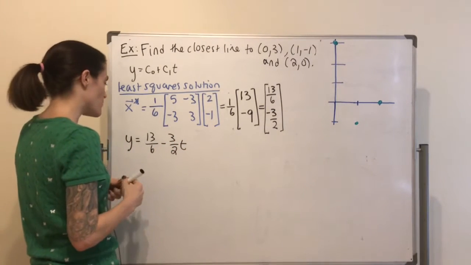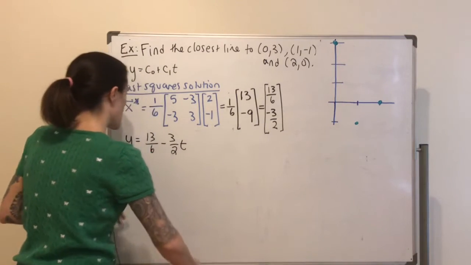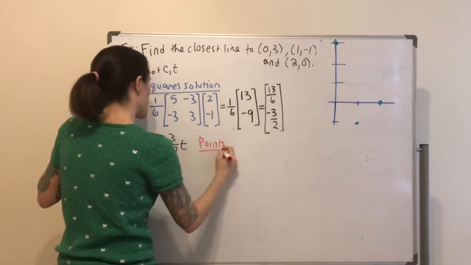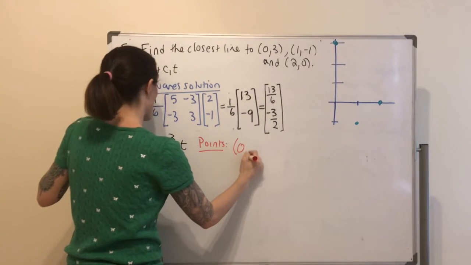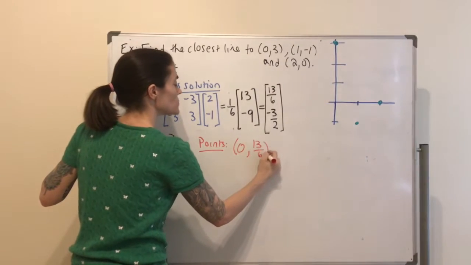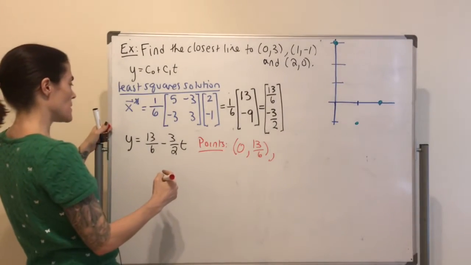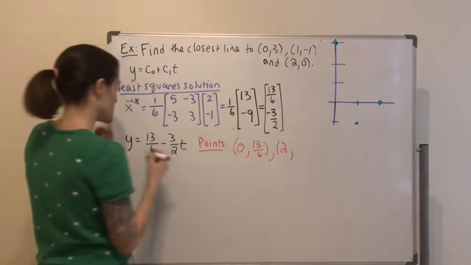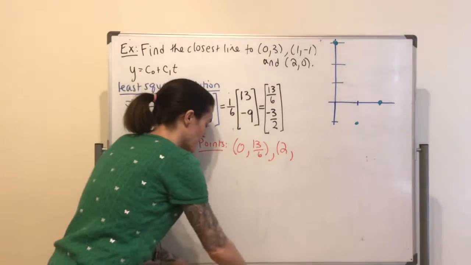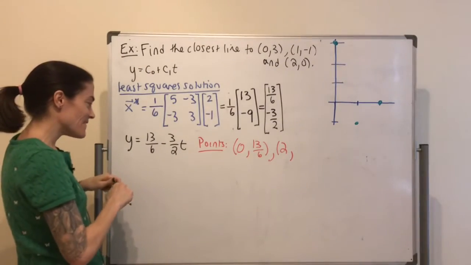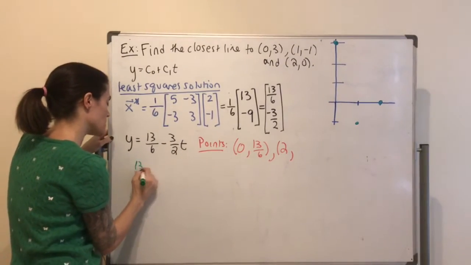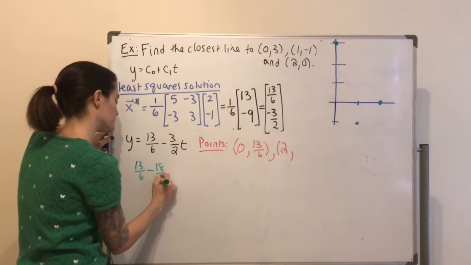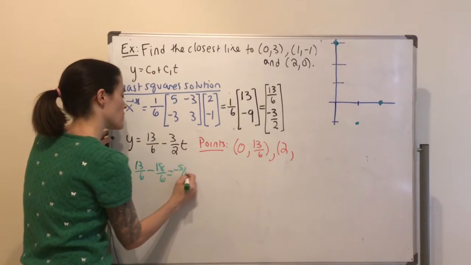Now just to kind of plot this, what are 2 points on this line? Well, the easiest one to see is 0, 13 over 6, which is about 2 1/6. And then if, for instance, I put 2 in here, now I'm going to have to do a little side work. If I evaluate this at 2, I get 13 over 6 minus 3, which is negative 5 over 6.